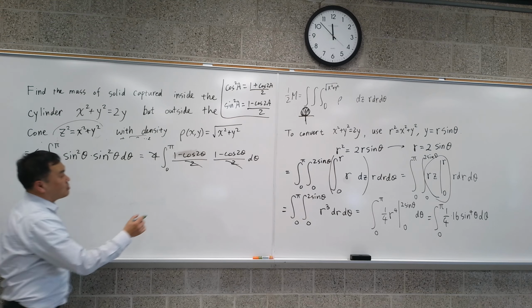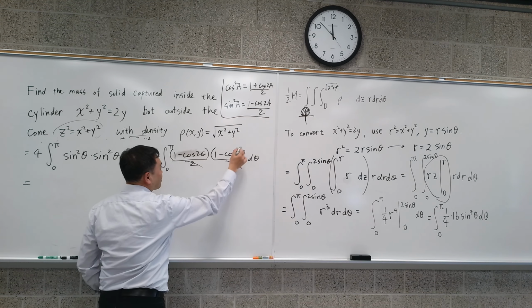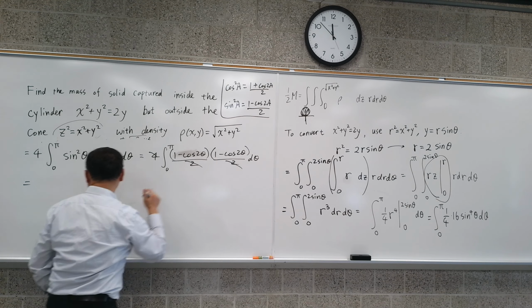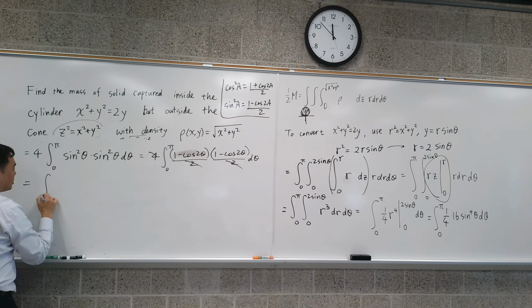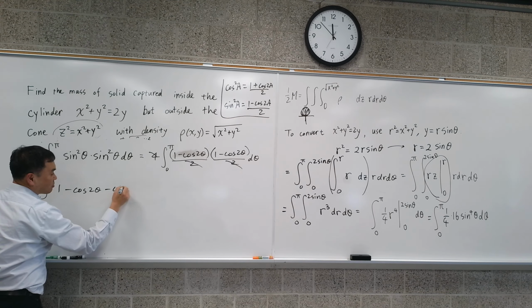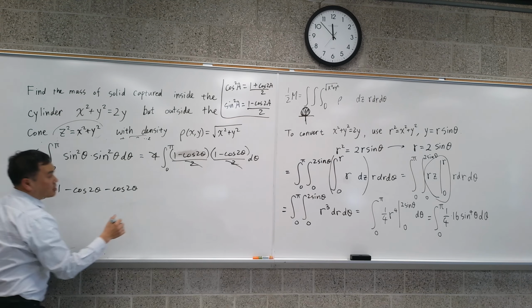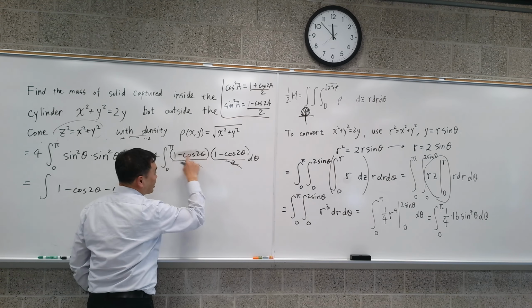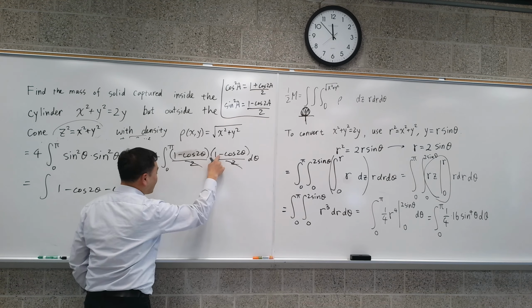And then, because these two are being multiplied, you have to FOIL this out. So 1 times 1 is 1. 1 times negative cosine 2 theta. 1 times negative cosine 2 theta. So you have 2 of these. And then finally, when these two are multiplied, negative negative is positive. So you get cosine squared 2 theta.